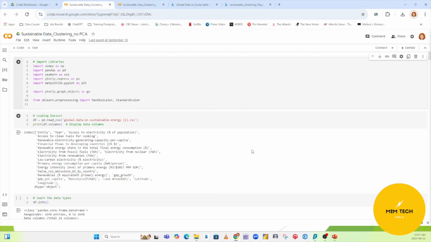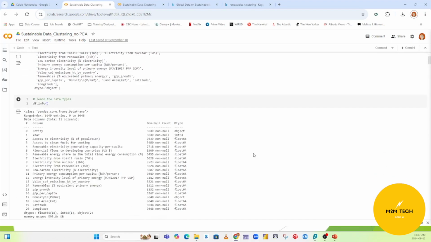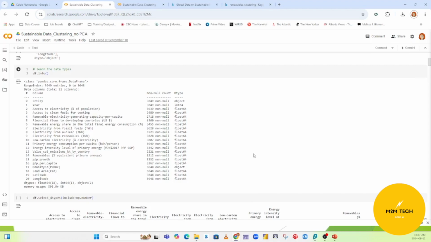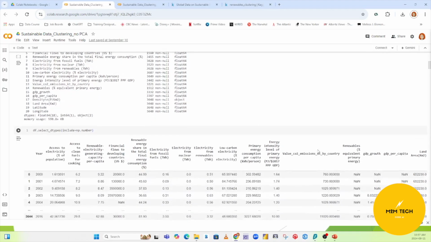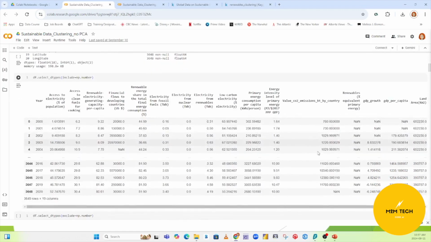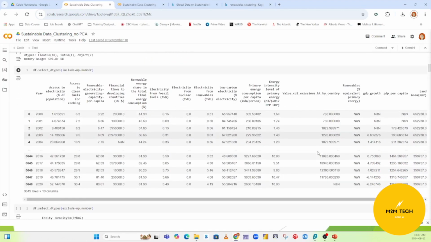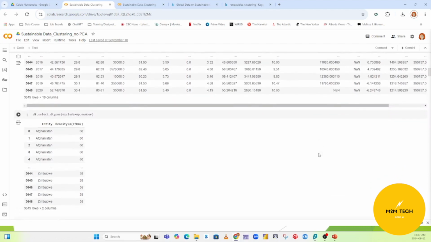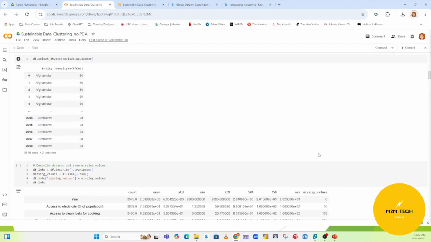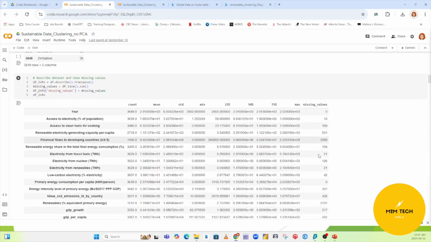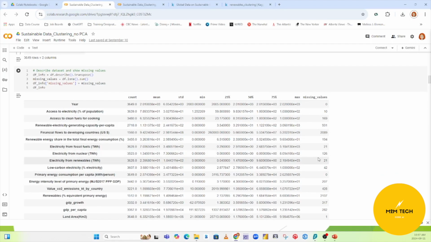So what I did is I imported libraries, I loaded the data set, I figured out what data types we were working with, just did a little visualization of which ones were the numerical ones and which ones were not. And then I took a look at what values were missing in the data set here.